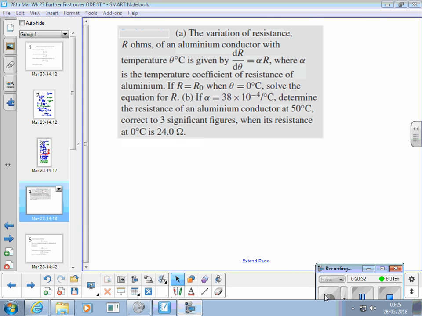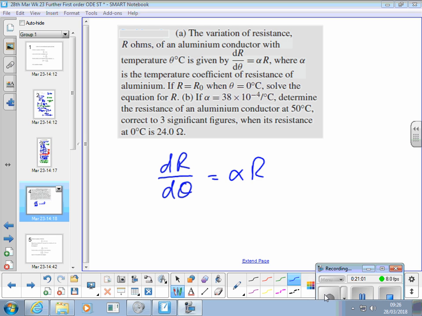What I have to do now is have a look at an engineering related problem to this. The variation of resistance R ohms of an aluminium conductor with temperature theta degrees C is given by the formula dR by d theta is equal to alpha times R, where alpha is the temperature coefficient of resistance of aluminium.